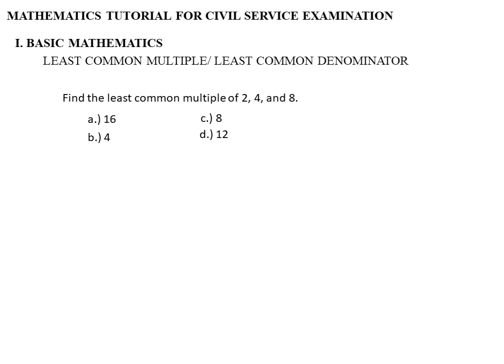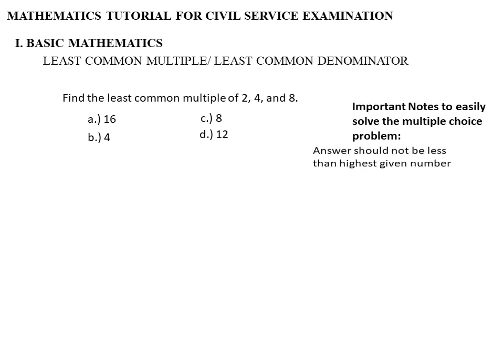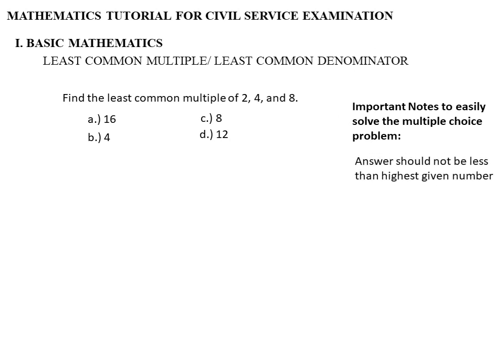Okay, to easily solve the problem, we'll give you a hint. Important notes to easily solve the multiple choice problem. In least common multiple, the answer should not be less than the highest given number.